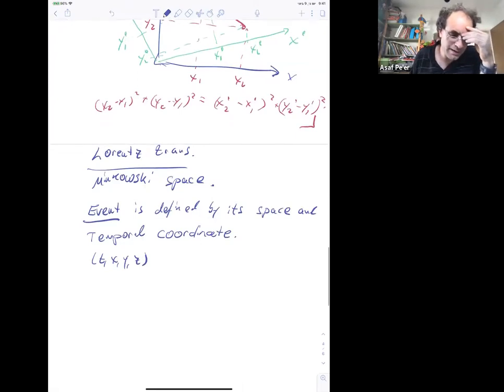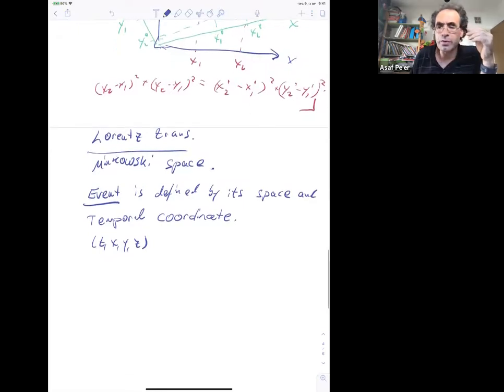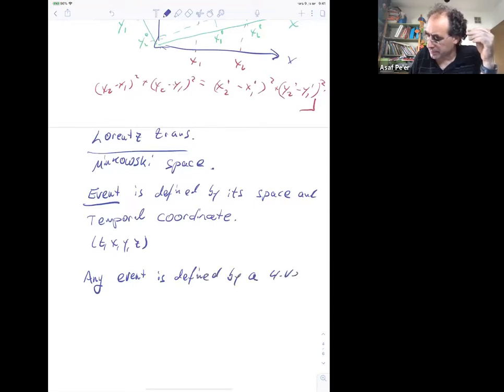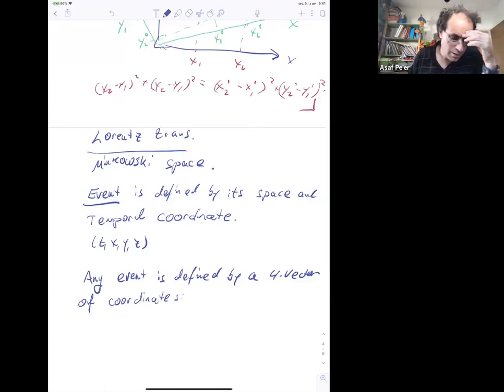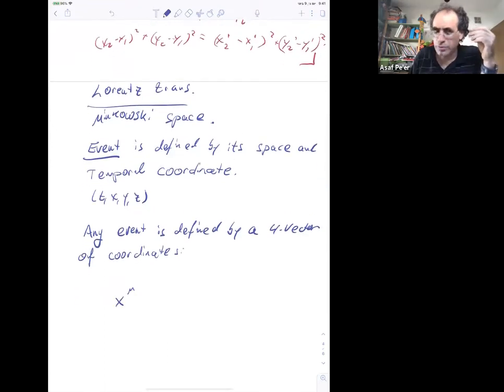Any event is defined by a 4-vector of coordinates, which we denote by x with mu superscript. Now pay attention to the notation. Don't write mu as a subscript. This is not the same as this.